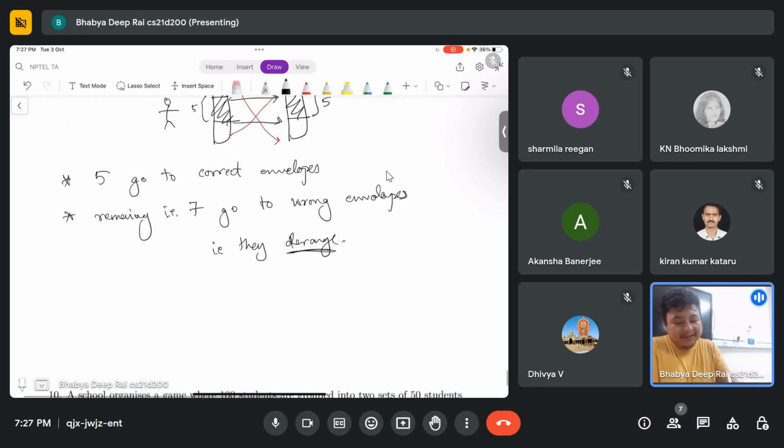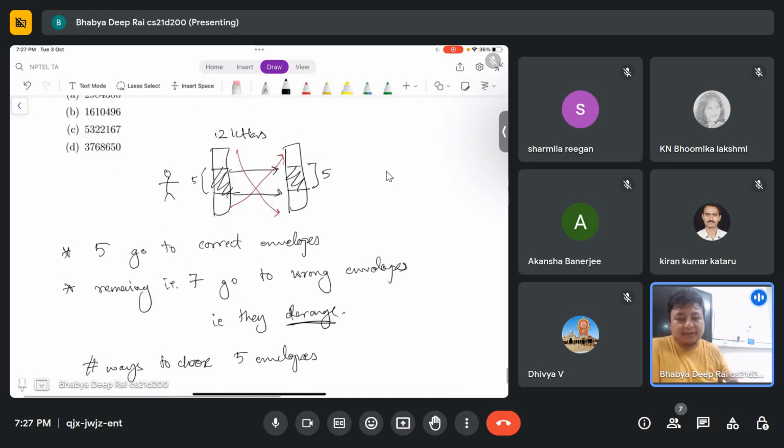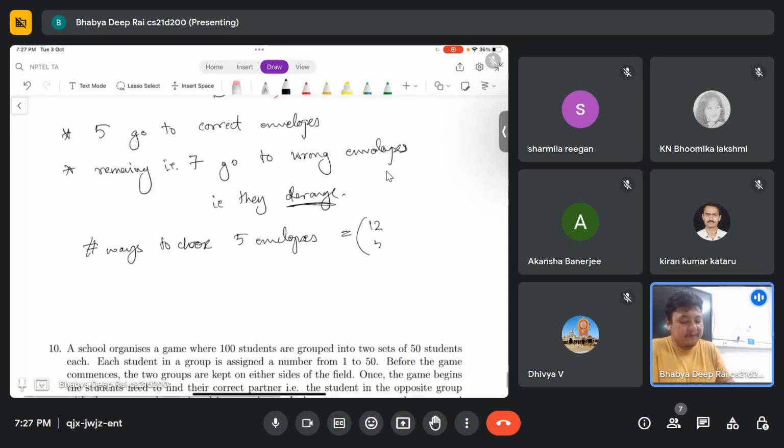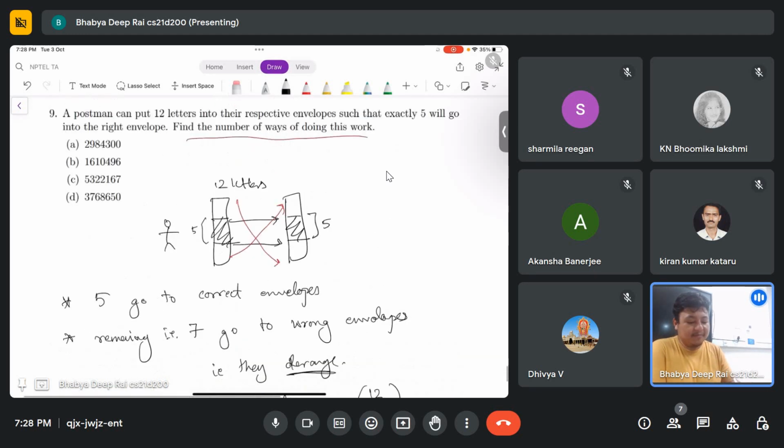So all that is remaining is the number of ways to choose 5 envelopes. Those 5 could be any of the 12 envelopes, right? It's 12 choose 5, and the remaining 7 derange. The number of ways that they derange is D7, which is 7 factorial divided by E, which we saw from the previous question is 1854.